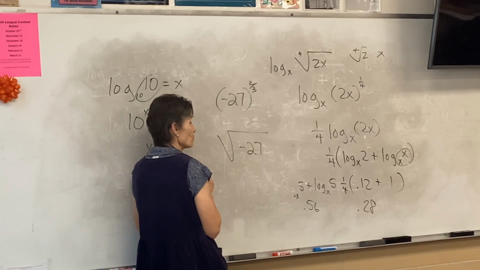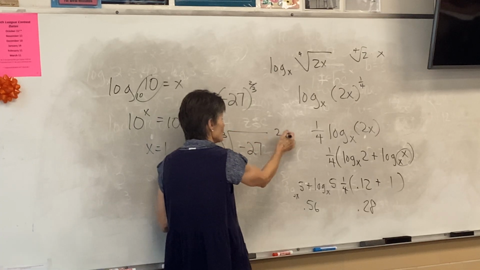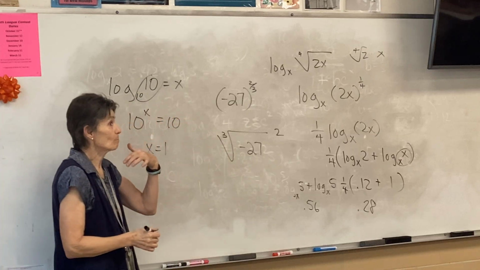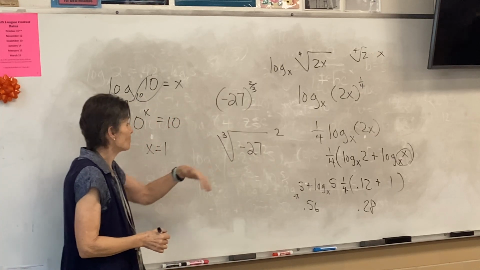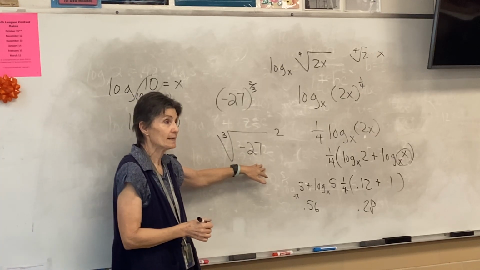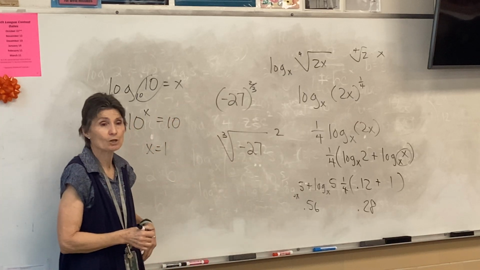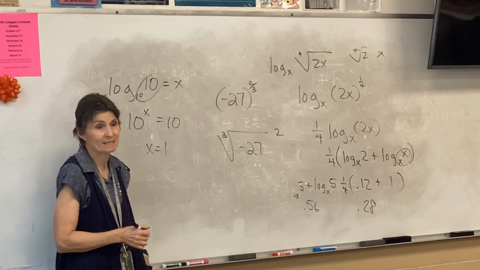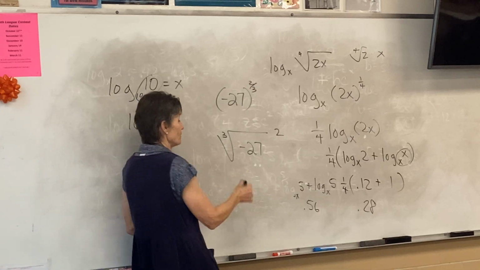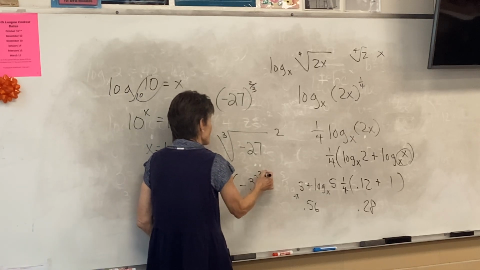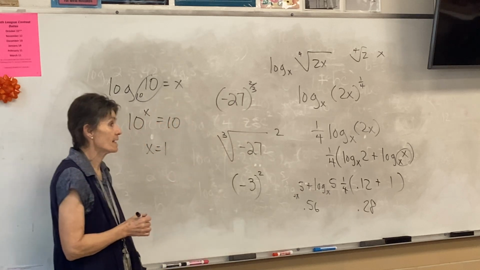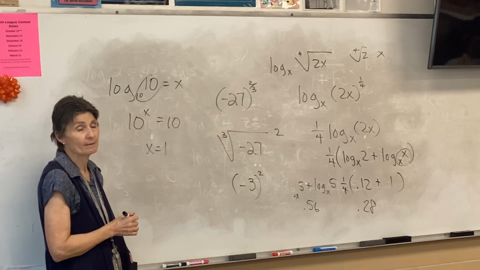Under it is negative 27, a cube root squared. Under normal circumstances, I'd be freaking out with a negative under there, but not when it's a cube root. What's the cube root of negative 27? Negative 3. But I'm squaring it, so the answer is 9.